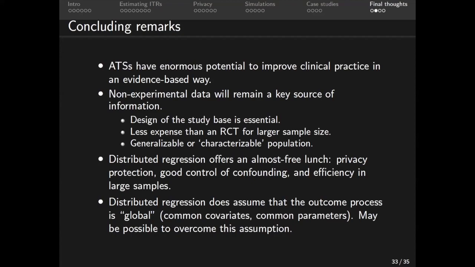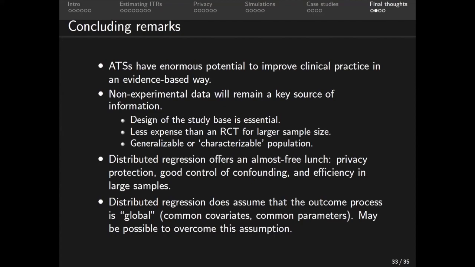I think that non-experimental data like these big electronic health records and data that are subject to confounding are going to remain a key source. We're still going to need to use these. Of course, randomized data is the gold standard, but we need huge data sets to be able to estimate these effects well. So we have to be really careful in the design of our study base.